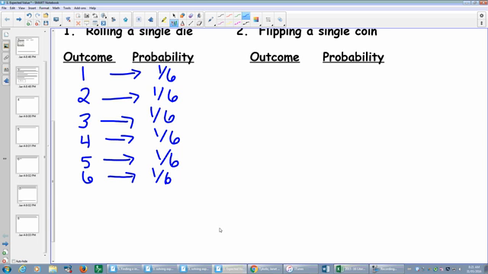So again, if I were to graph this, I'm going to sketch it here. X represents all of the outcomes. So here you would have 1, 2, 3, 4, 5, 6. And then on your y-axis, you would have the probability of that outcome. The probability here is all 1/6. We'll say that that value there represents 1/6.